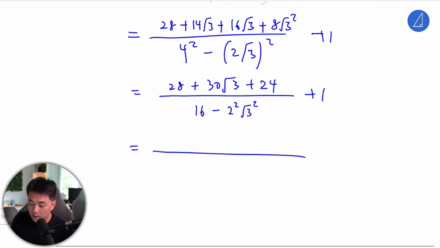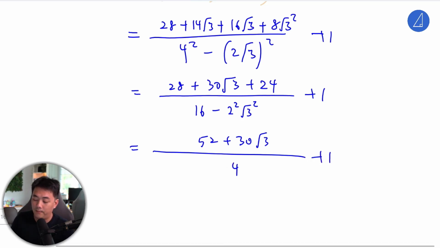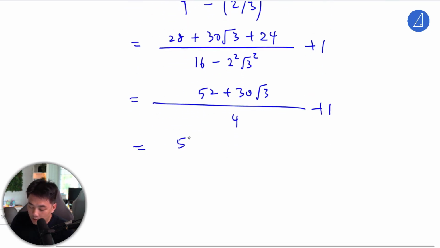So the numerator is 28 plus 24, 52, plus 30 root 3. The denominator is 16 minus 4 times 3, which would be 4, plus 1. So this is 52 over 4 plus 30 over 4 root 3 plus 1.